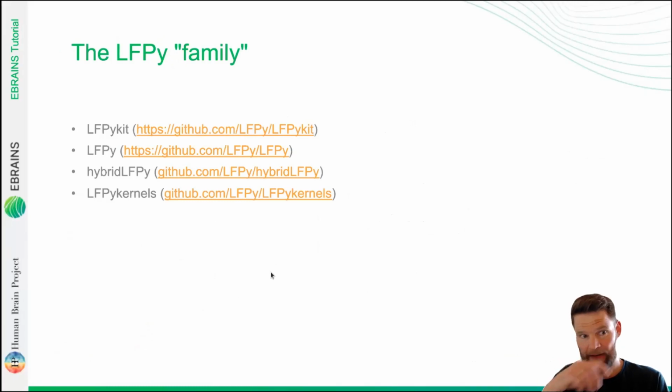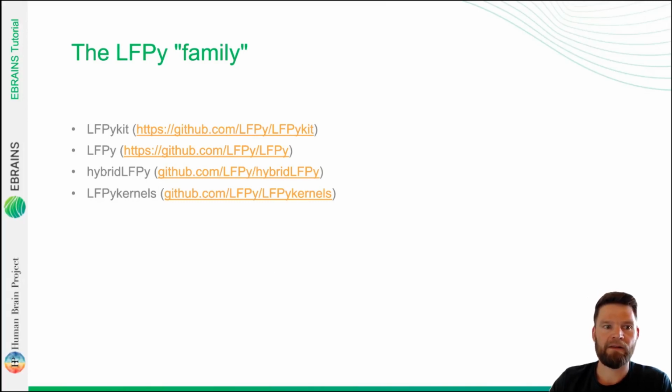Originally, LFPy was built as a Python interface to the NEURON simulation environment, and it was used both to set up and control the neural simulations and to calculate the resulting brain signals. However, LFPy has now essentially evolved into a family of different but related software. At the lowest level, we have LFPycell. LFPykit is a freestanding implementation of all the so-called forward models incorporated into LFPy.